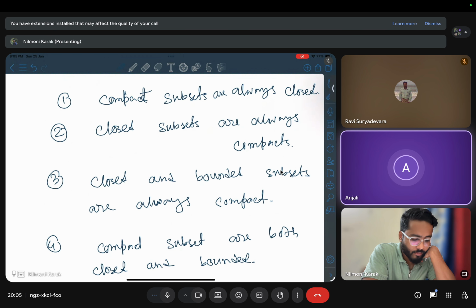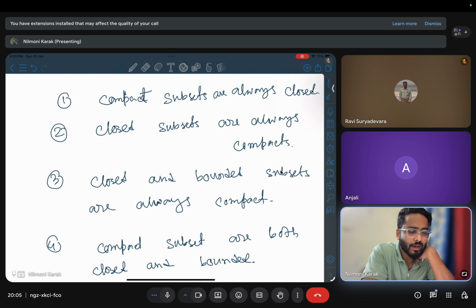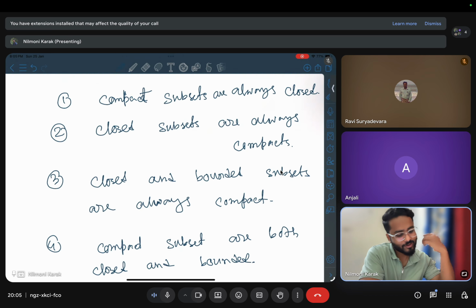So the third one is definitely true. No, how? Closed and bounded are always compact. I am saying in a metric space, not in R.